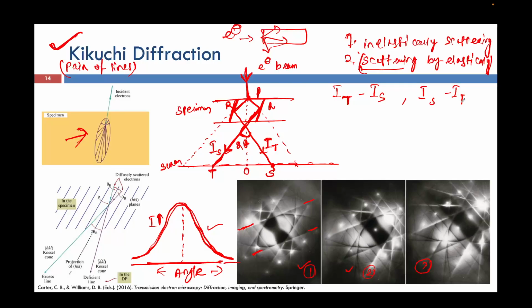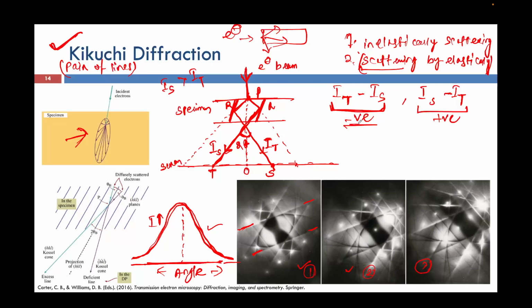Now, considering that these planes would not be there, and looking at the intensity of T and the intensity of S, the intensity of S will be greater than the intensity of T. So in this condition, intensity of T minus intensity of S will be a negative quantity, and intensity of S minus intensity of T will be a positive quantity.